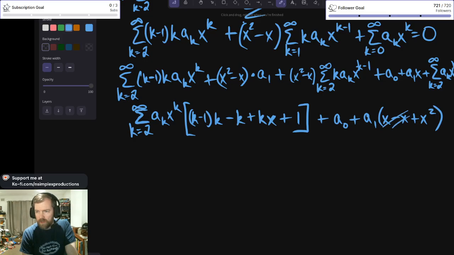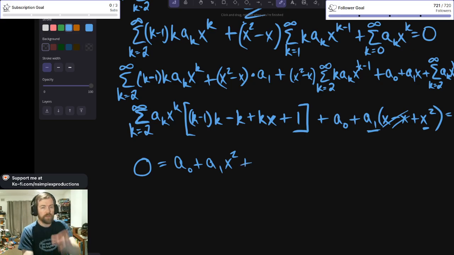So this stuff is gone. That leaves us with an x squared times a sub 1. So now this is all equal to 0. Okay, so 0 is equal to a sub 0 plus a sub 1 x squared plus, if we plug in k equals 2 into the sum, then we end up with a sub 2 x squared. Should probably simplify that. Yeah, it's fine.